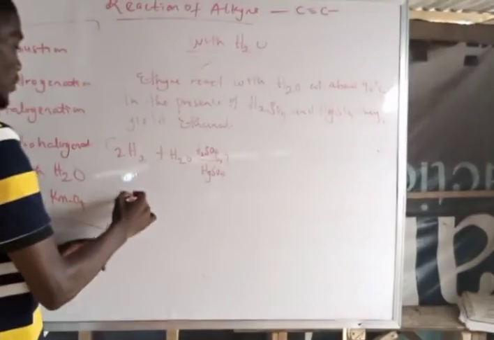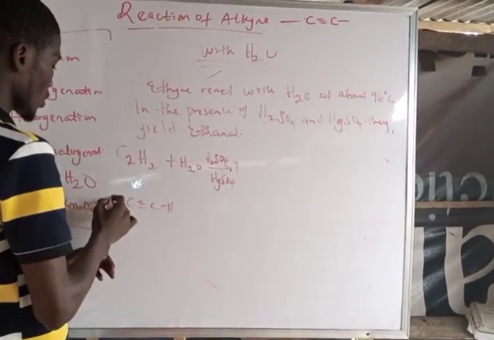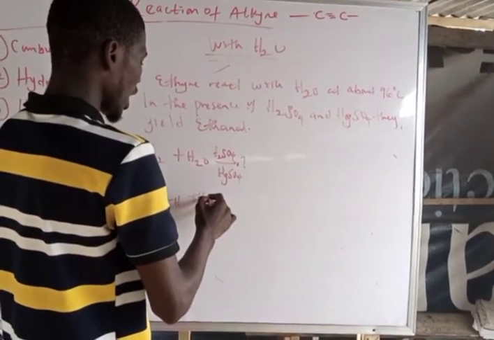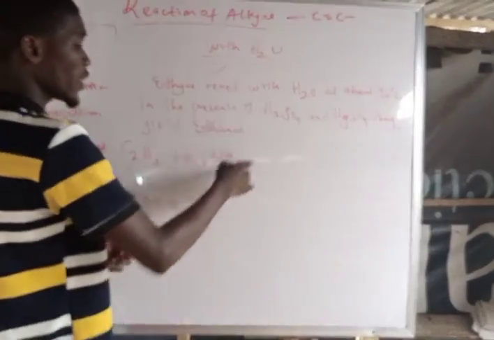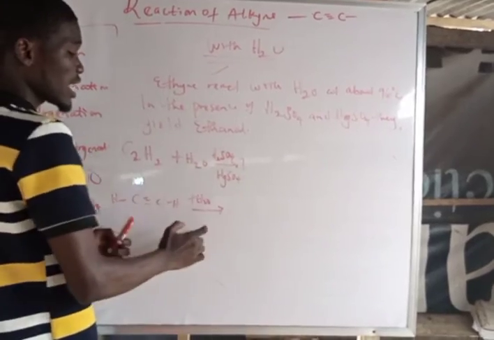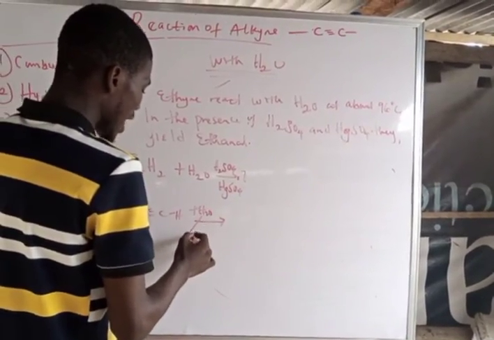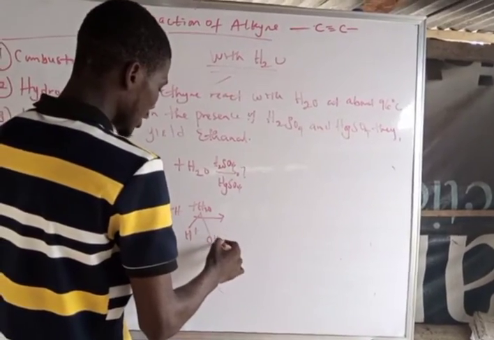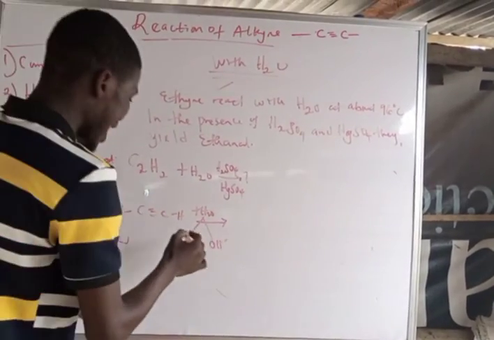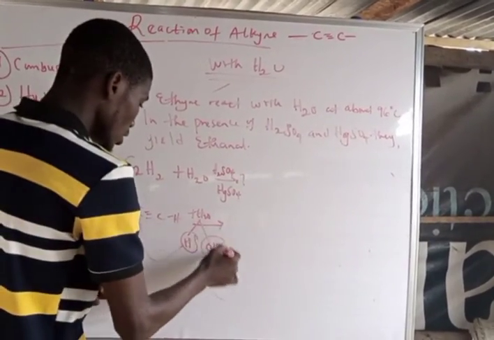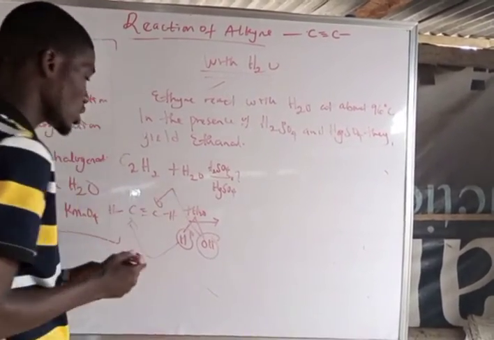So now, we have triple bond for this, plus H2O. And don't forget that the sulfuric acid and the mercury sulfate are our catalyst. Now, if I open this water, I have hydrogen ion plus hydroxide ion. With that, this reacts with this. This reacts with this.